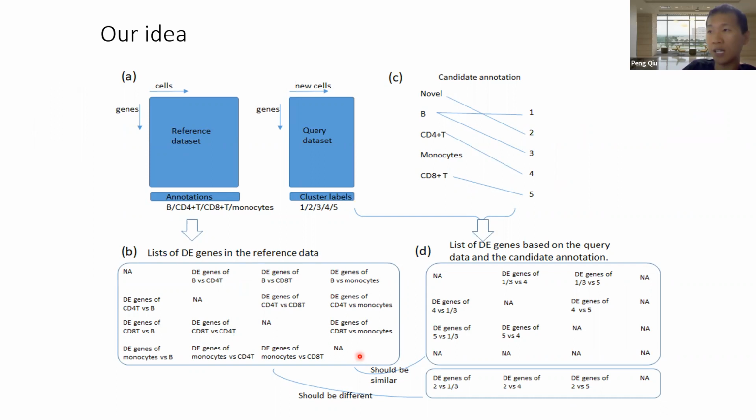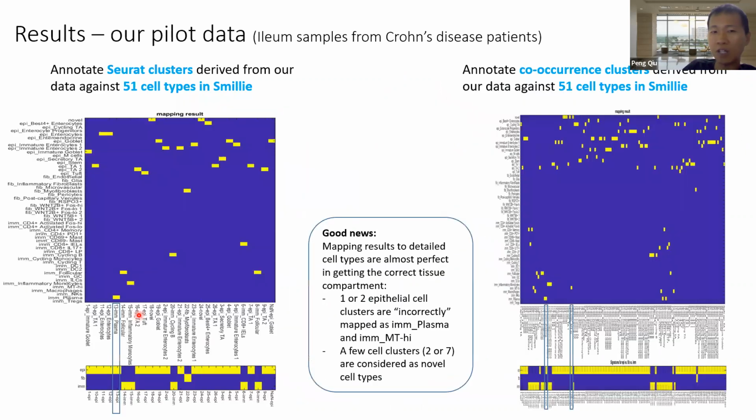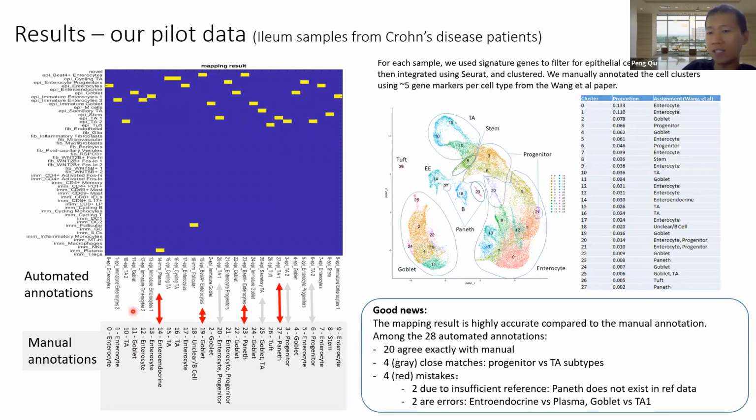And we feel that this kind of extension, looking at DE genes between each pair of cell types, could potentially capture more knowledge of DE genes or marker genes for the purpose of cell type annotation. And we have shown that, in at least this particular example, our algorithm is able to achieve an annotation that's highly consistent with what we would have obtained if we were annotating these cell types manually. Although there are a few mismatches, there are ways to explain them.